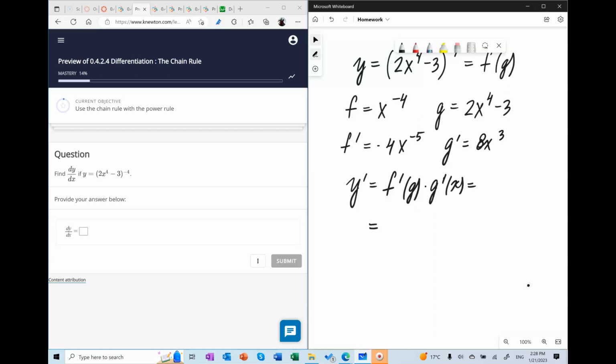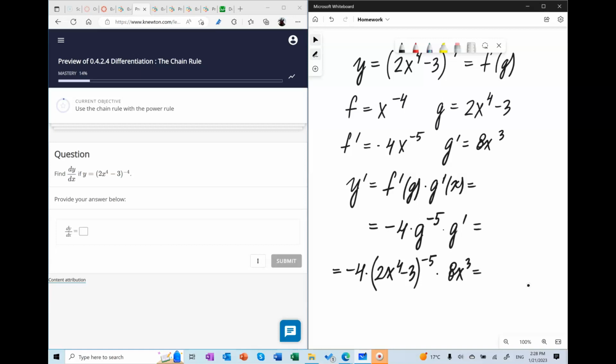F prime is -4, x to the -5, but remember we evaluated at g, so we're going to be raising g to the power -5 and multiplying it by g prime. So the final answer is -4 times 2x to the 4 minus 3 to the power -5 times g prime, which is 8x cubed.